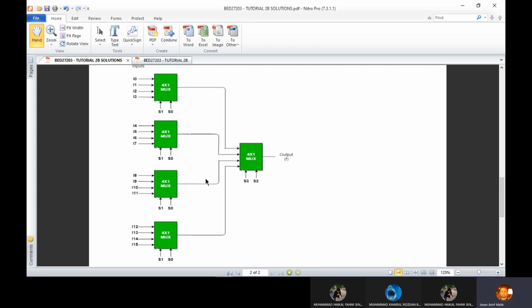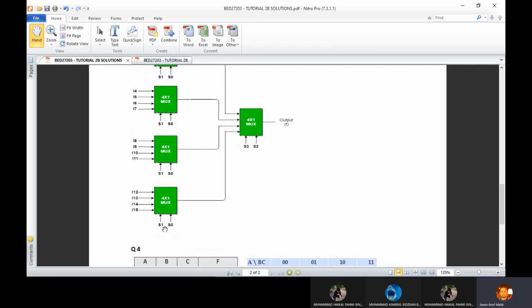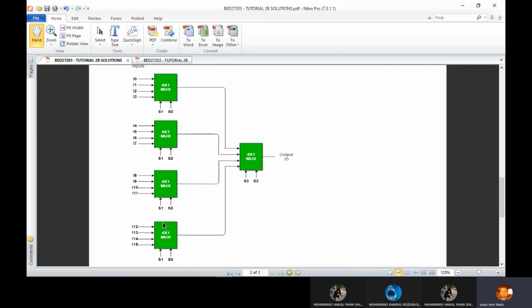So if you look at the name of each selectors, these 4 4 to 1 mux are having the same name as S0, S1, S0, S1, S0, S1, S0, S1. So meaning that the selector for these 4 to 1 mux came from the same source. Datang daripada sumber yang sama.